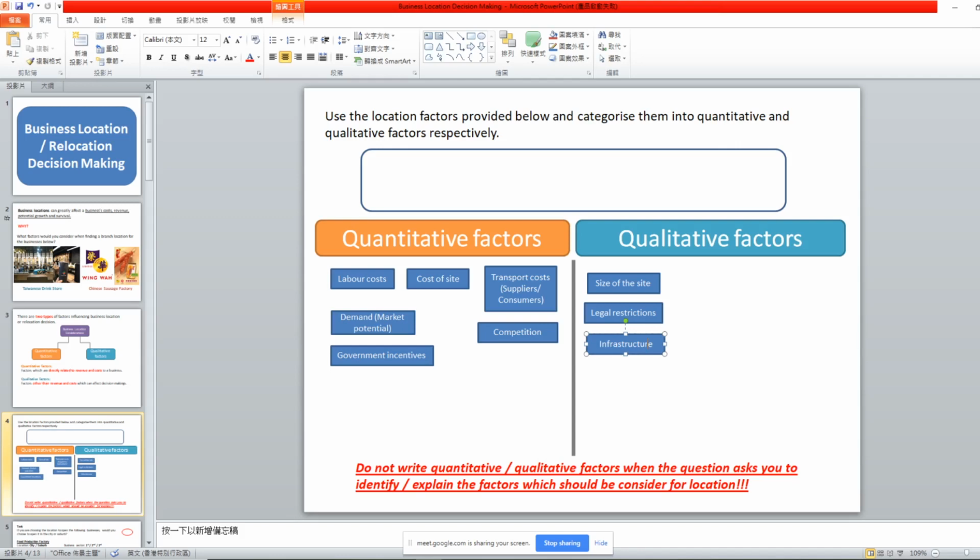So it really depends, but in general, when we talk about legal restrictions, we talk about the restrictions that you have when you are setting up in different geographic locations. Just like what I just said, some places you just cannot build a factory there, because the land is for some other purposes.